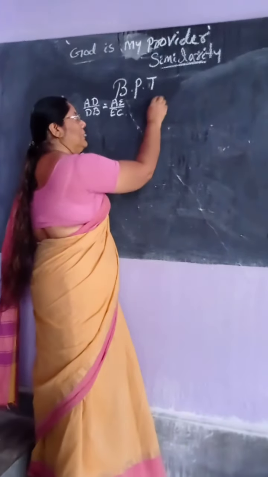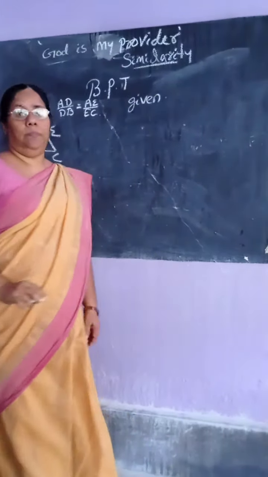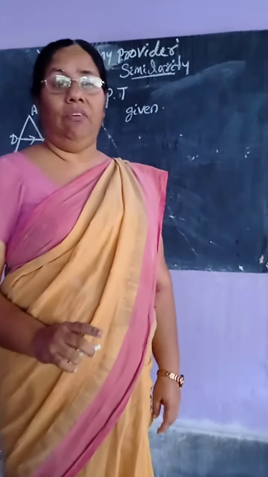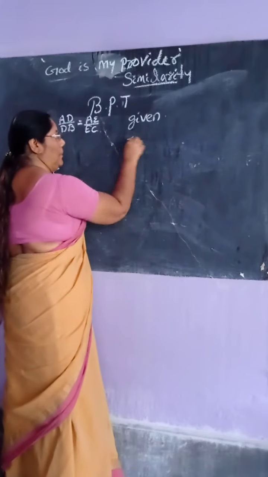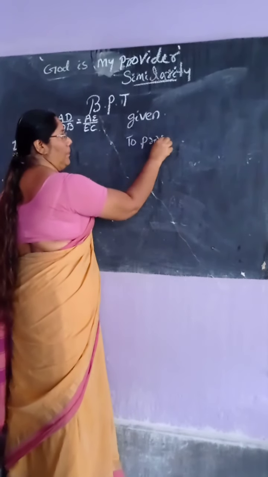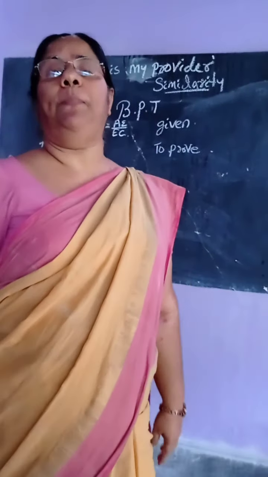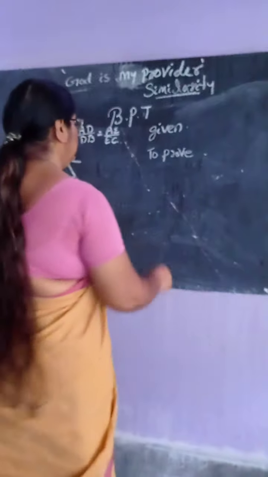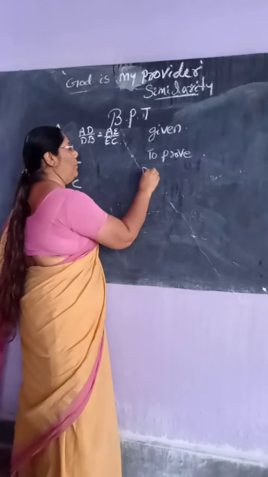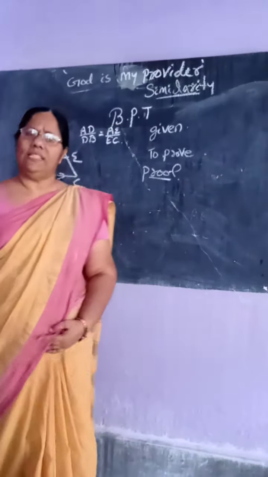First one is given. Understand? Then second one is to prove. In this question, no construction part. Therefore, the third part is proof. Now listen.